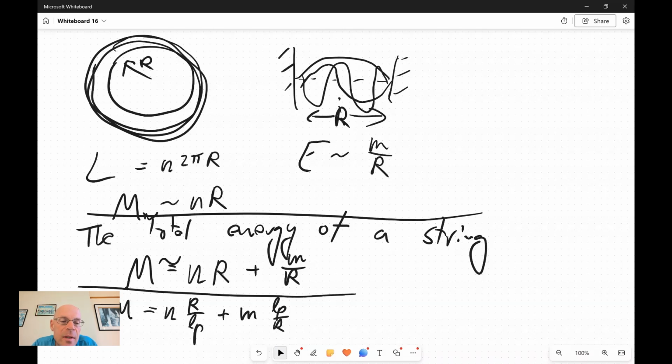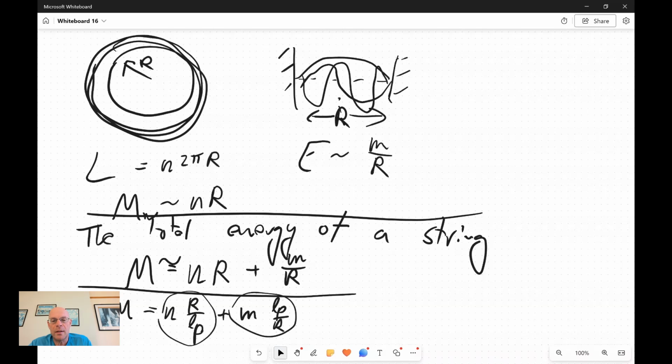So now we see an intuitive explanation of T-duality. What we have is two modes of the string, and one of them goes like r over the Planck scale, and the other is Planck scale over r. And we have contributions from both.